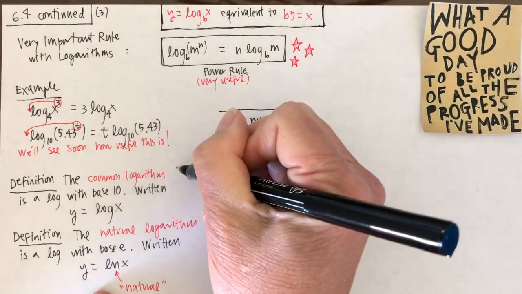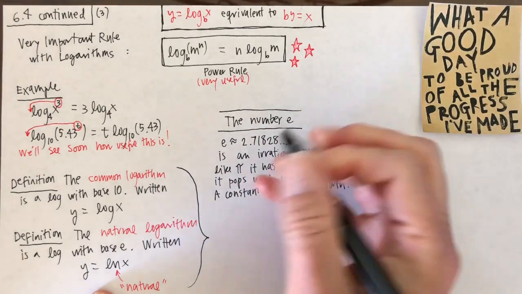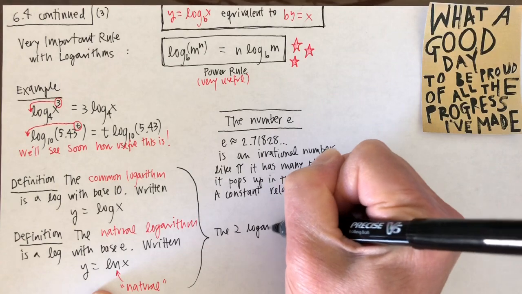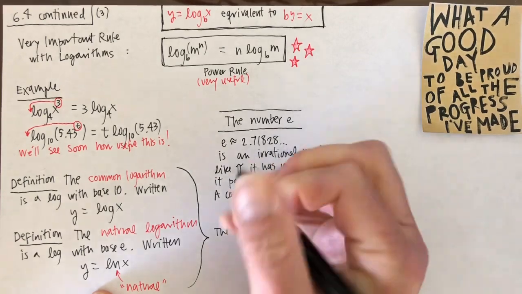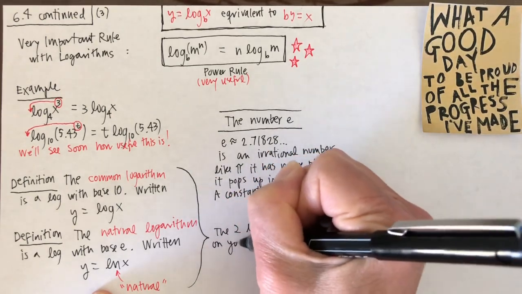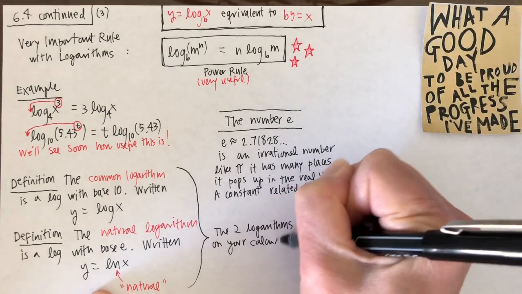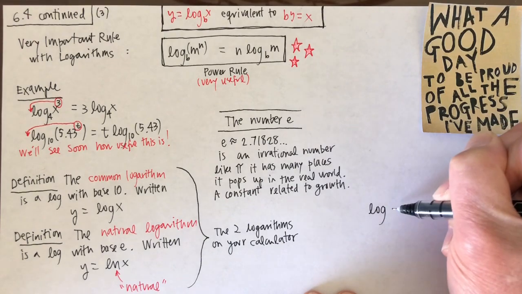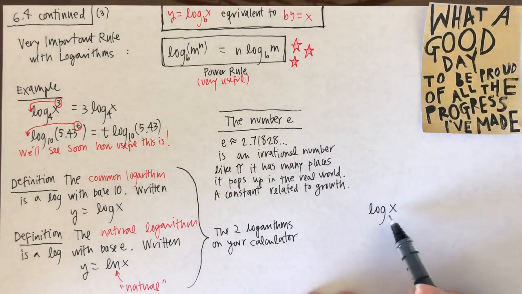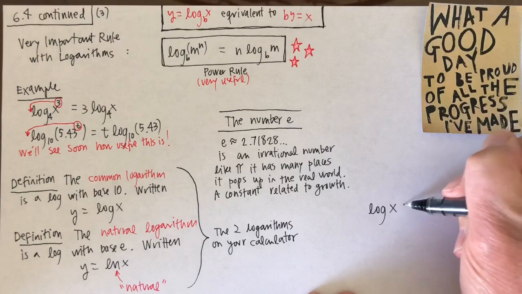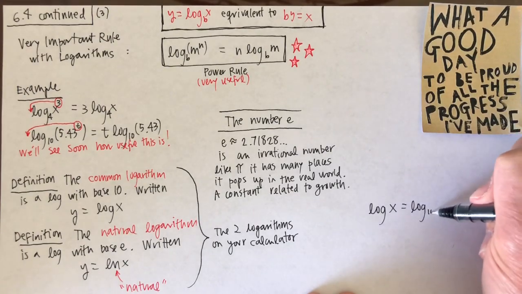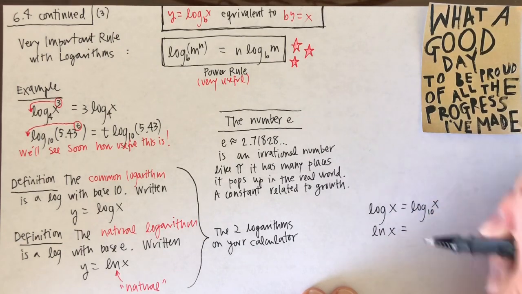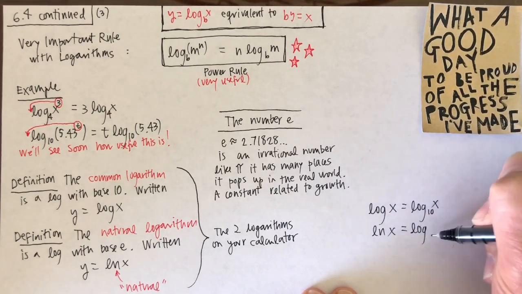These two logarithms are the two on your calculator typically. So when you see a logarithm and they didn't write a base, it means that it's base 10. And when you see ln, that is a log to the base e.